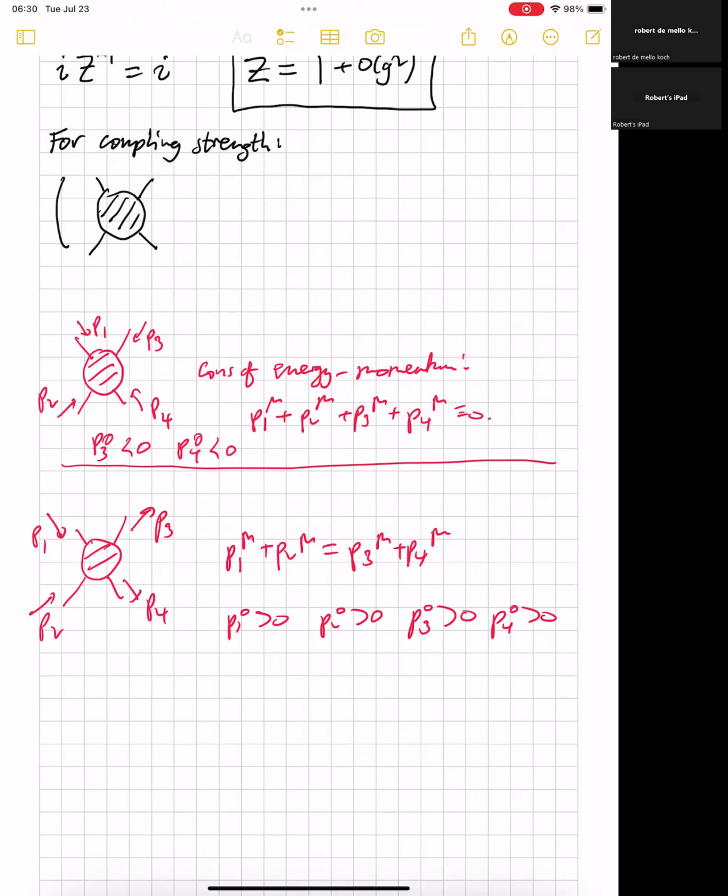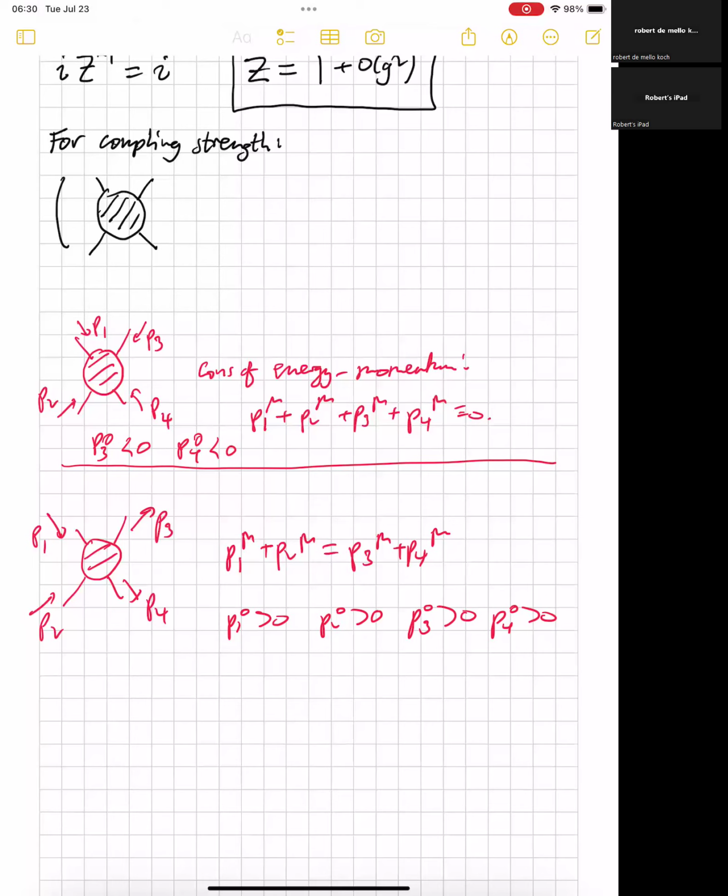Well, if any of your energies are negative, what it's telling you is if you've drawn them as ingoing, they're actually outgoing. Okay, so either description is perfectly valid. The second description is probably more physical in the sense that you're writing down the physical momenta that your particles actually have.